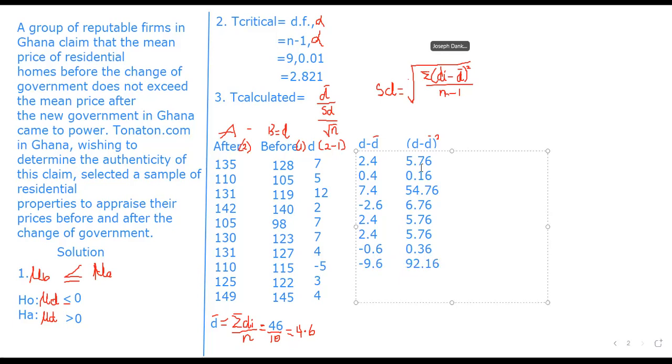Then negative 1.6, squared is 2.56. And the next one, 4, you get negative 0.6. When you square it, you get 0.36.